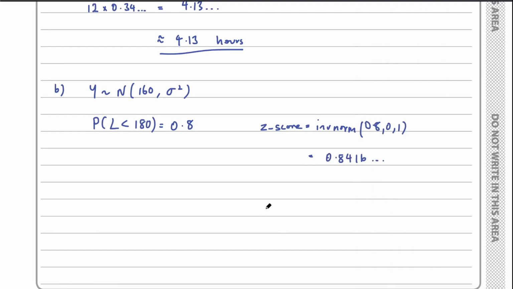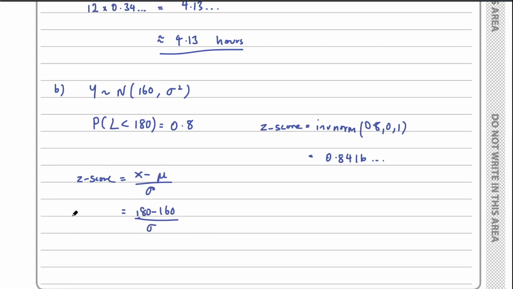So 0.8416. Okay, now the z-score formula looks like this. We have the x value that we went up to, in this case 180, take the mean, and that's divided by the standard deviation. In this case, we have that x value, it was 180. We have the mean, which was 160, and we're looking for the standard deviation.